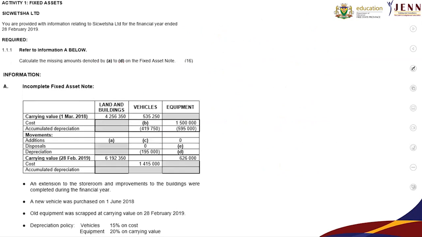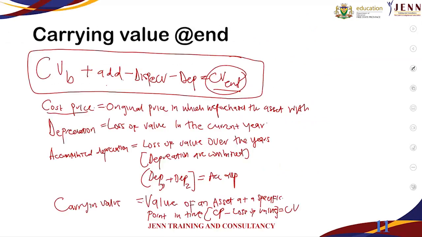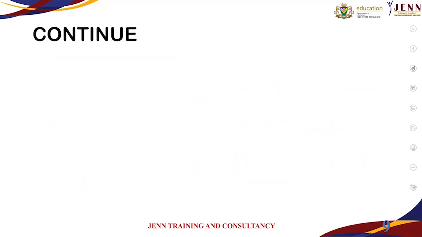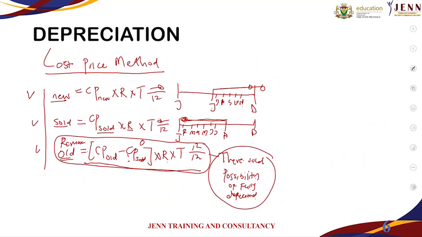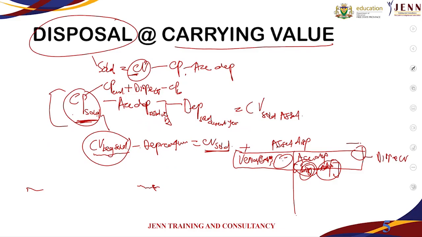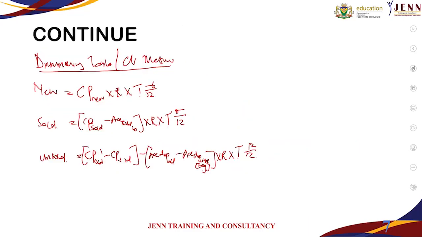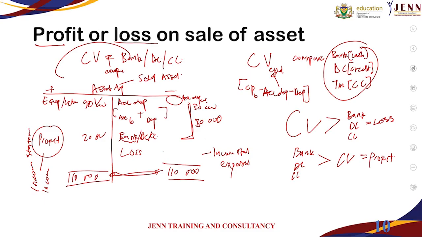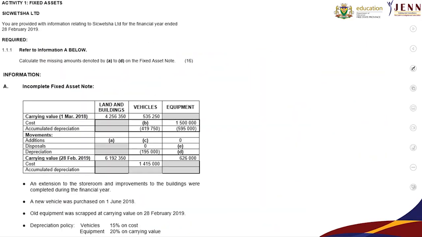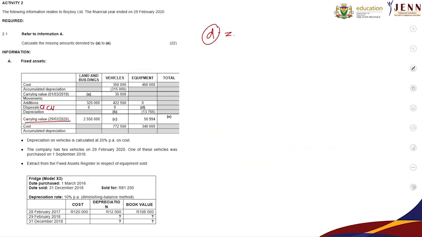Now, what was our formula for disposals at carrying value? Let's go back and check our formula. Here is our formula. We said we can either say cost price of sold minus accumulated depreciation of sold at the beginning of the year minus depreciation. Now let's put it here and check whether it works, or whether I'm just lying.